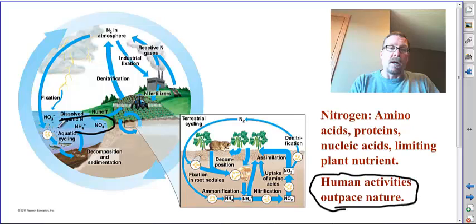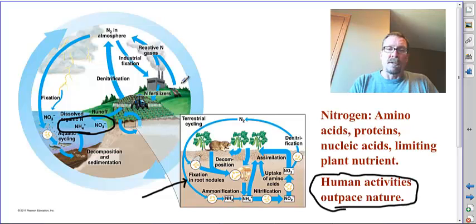Ammonium and nitrate are the nitrogen compounds that living organisms can use, and so the abundant amount of nitrogen in our atmosphere needs to be fixed by organisms into compounds, as you can see in the smaller outbreak, that plants can use and then can be used by consumers.